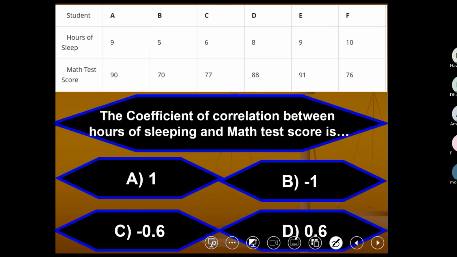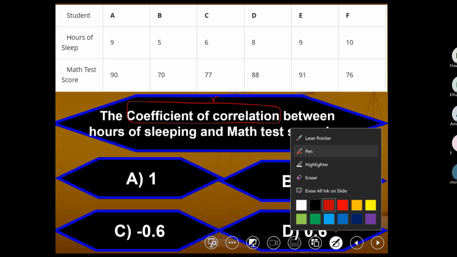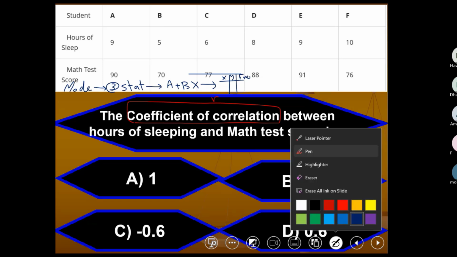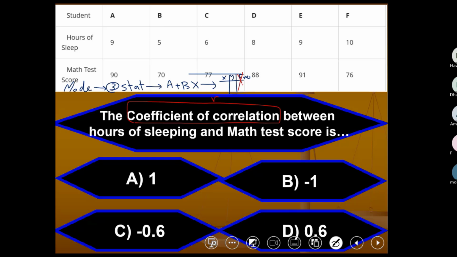Let's go. How to find the coefficient of correlation? The correlation coefficient is R. Yes, we just watched the video, saying go for your calculator and press mode, number 3 stat, go for A plus BX. Please do it with me. It will open 2 columns for you, X and Y. If you have another column called frequency, you can delete it. How?